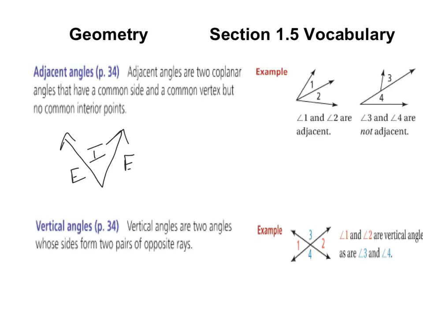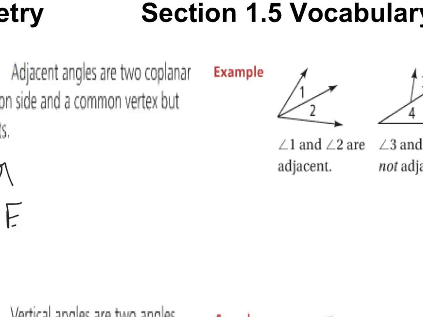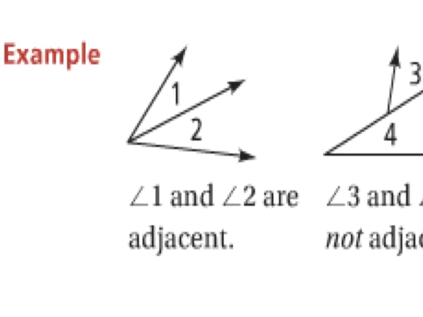As you look at this, angle 1 and angle 2 are adjacent angles. I'm going to zoom in and put these in two different colors. Let's go angle 1 first. Angle 1 is right here, in the yellow.